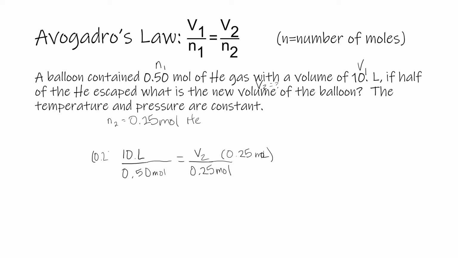Over here too, 0.25 moles. That cancels, the unit mole cancels, so 0.25 times 10 divided by 0.5, our volume 2 ends up being 5 liters for our volume for this one.